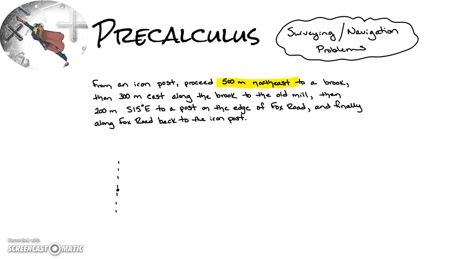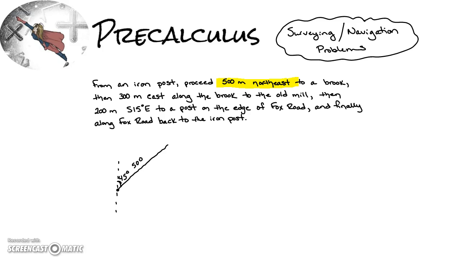So going 500 meters northeast, well, northeast is going to be exactly 45 degrees in this direction. So let's call that 500, a length of 500. And the thing we can mark too is that this angle is 45 degrees.